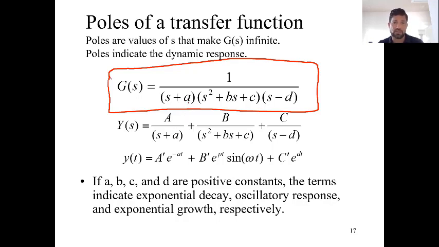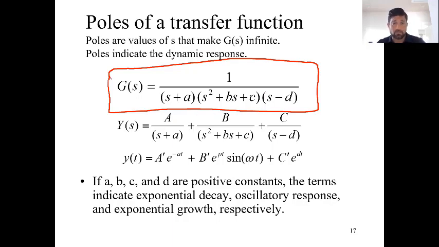If s equals negative a, this would give us a zero term, 1 over 0, and the transfer function would go to infinity. So s equals negative a is what's called a pole. And you can also see that s equals negative a is the root of the polynomial of the denominator of the transfer function. So you can talk about those two things synonymously.